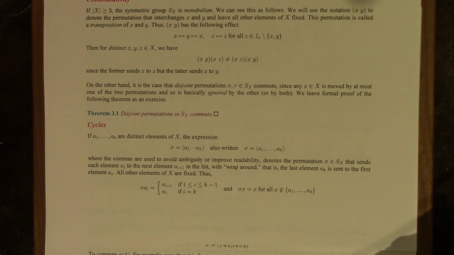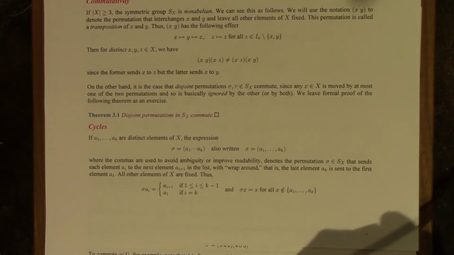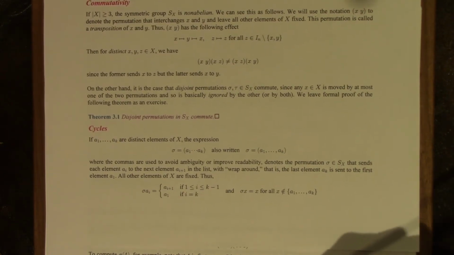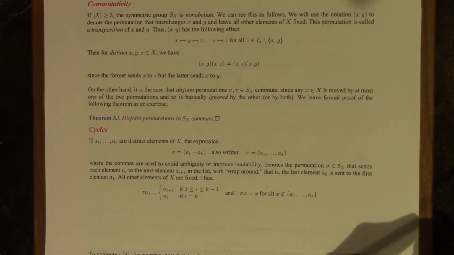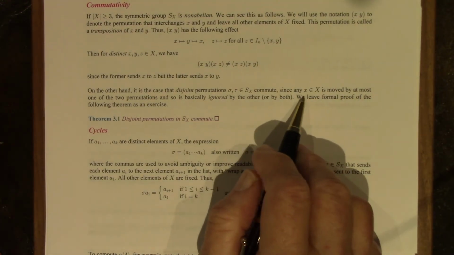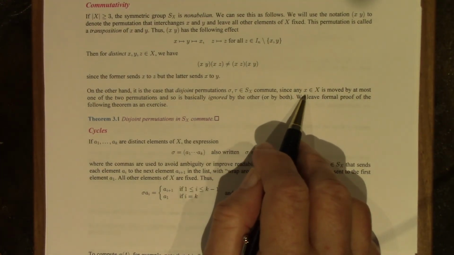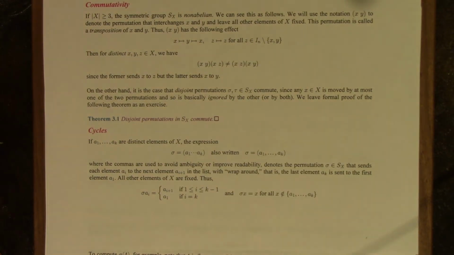On the other hand, it is the case that disjoint permutations commute, and this is critically important for the study of permutations. After all, any little x in capital X is moved by at most one of the two permutations because they're disjoint. And so it's basically ignored by the other one. It is fixed by the other one, or by both if neither one moves x.